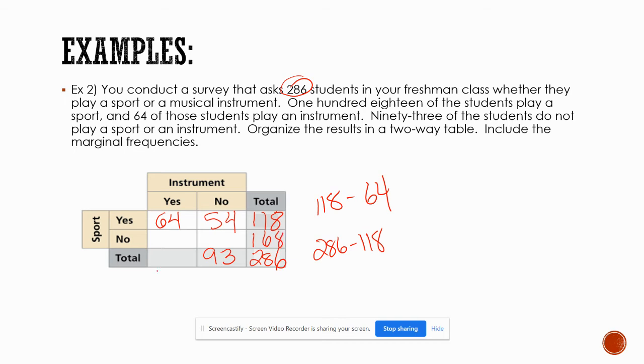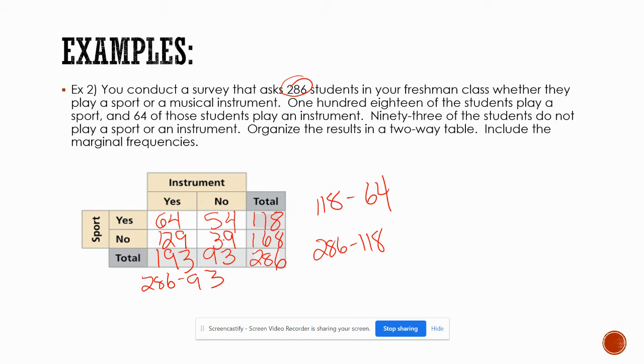I also know that this total and 93 have to also make 286. So 286 minus 93 is 193. So now I can subtract 64 from 193 to get 129, and 54 from 93 to get 39.